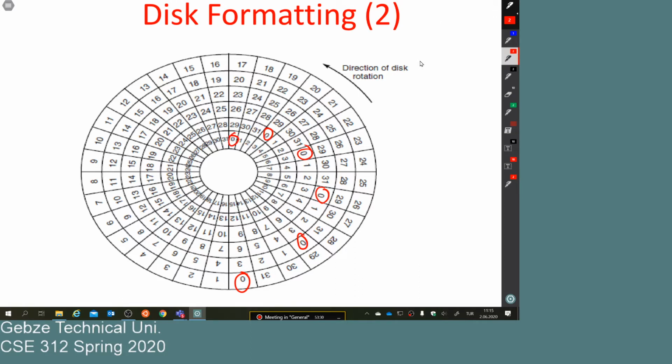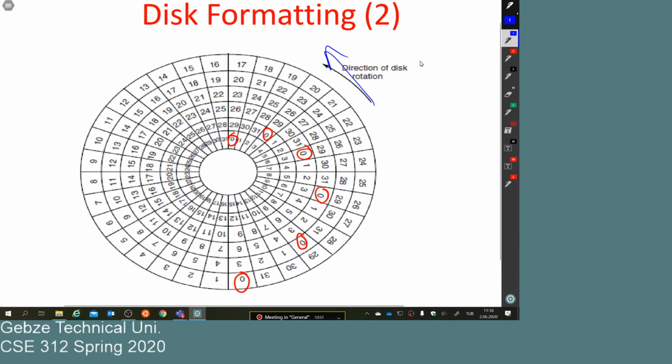They do this kind of structure because, let's say I am reading my data sequentially. My disk is rotating this way. Let's say I read the inner track.